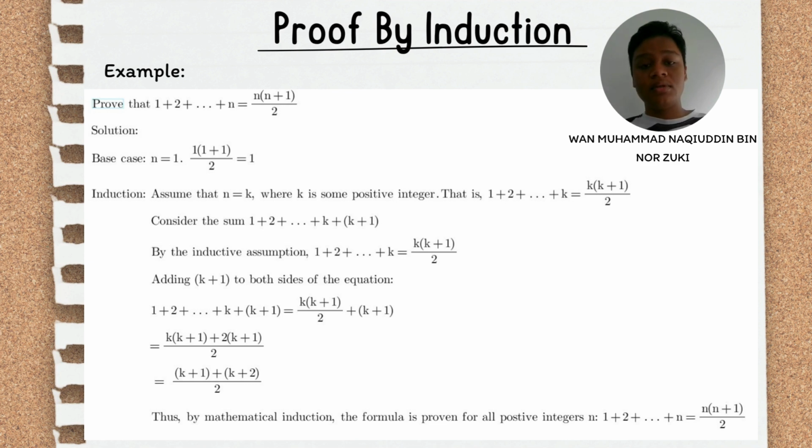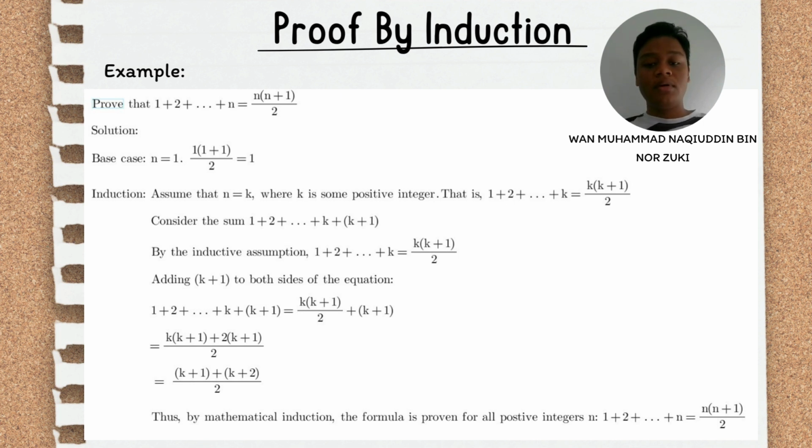Now we add k plus 1 to both sides, which gives k times (k plus 1) divided by 2 plus (k plus 1), which we can write as (k times (k plus 1) plus 2 times (k plus 1)) divided by 2.